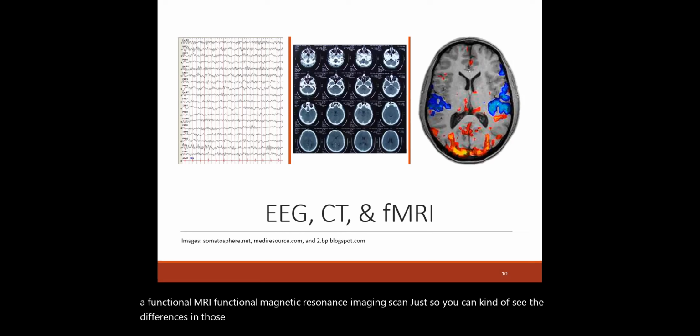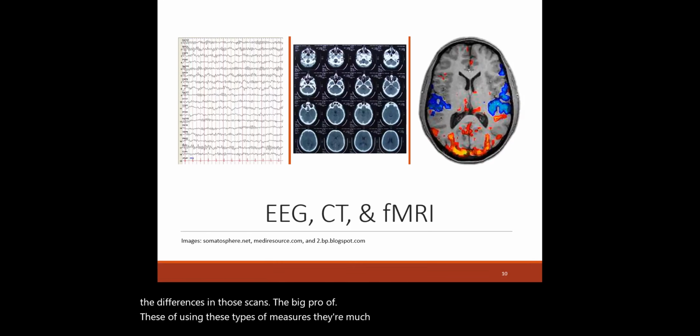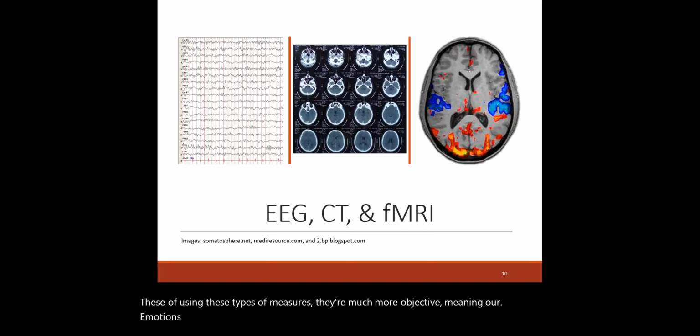The big pro of using these types of measures, they're much more objective, meaning our emotions, our point of view, our biases are not going to get in the way. They're pretty clear cut, as opposed to being very open to interpretation.